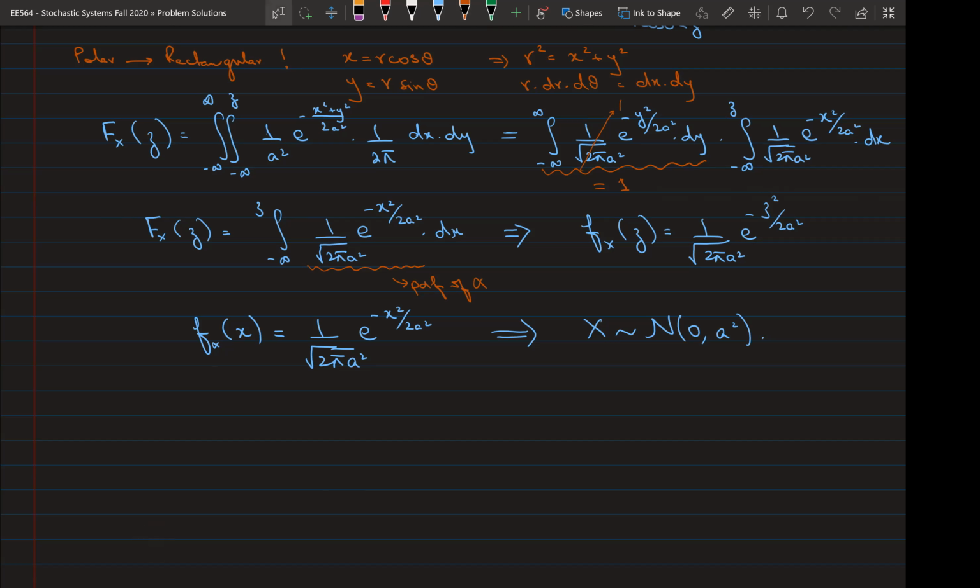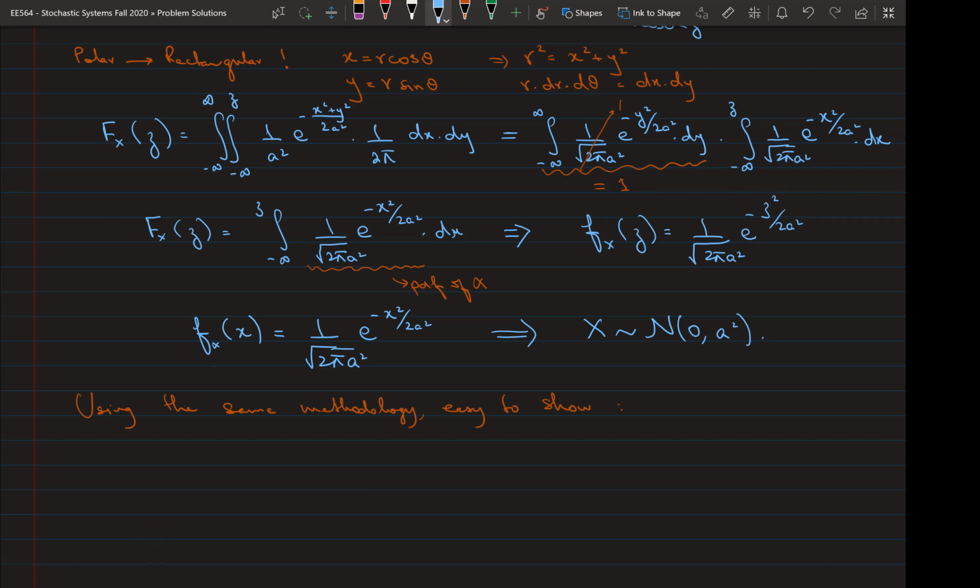Now, using the same methodology, it's very easy to show that y turns out to be Gaussian as well. You follow the same principles, the same integral.